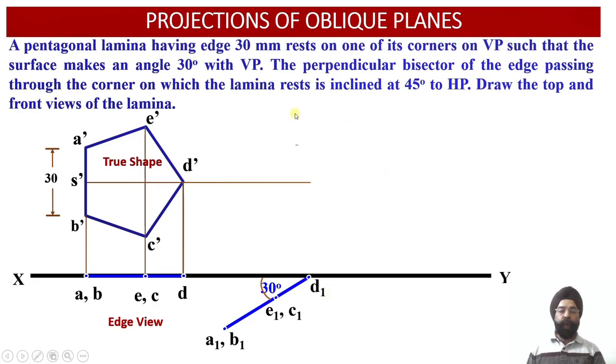Now the corresponding front view projections of this inclined lamina, which is having one of its corners, that is vertex D, located in the vertical plane. So the front view projections of this lamina need to be obtained. So the corresponding projections we are going to obtain when we draw the intersection points corresponding to the vertical projectors drawn from the plan projection points and the horizontal projectors which are drawn from the elevation projection points.